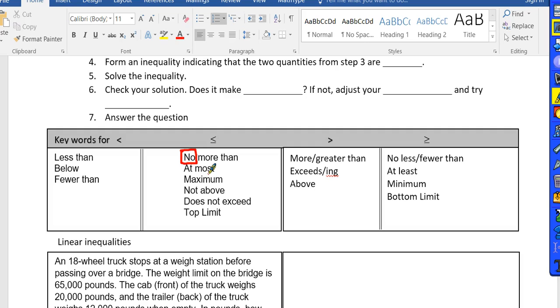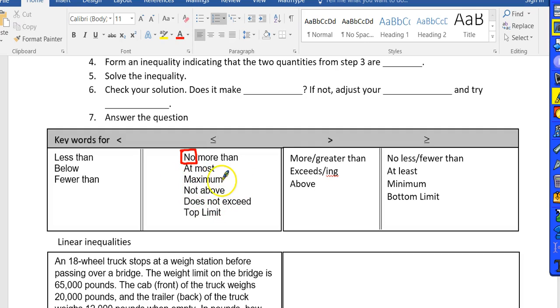At most. And see, that word most makes you think greatest, right? Right? Does most to you mean greatest? But if it's at most, if you can weigh at most 200 pounds to ride this ride, you better not weigh more than that, right? You better be less than that or equal to that.